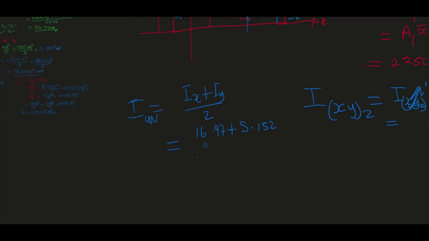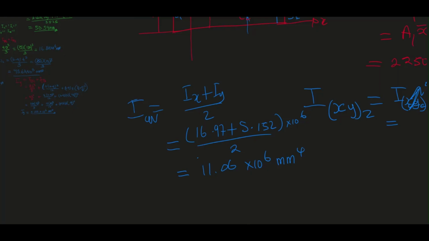I'll add it at the end just to simplify my calculations to make it faster. So this will be 16.97 plus 5.152 divided by 2, 11.06 times 10 to the power 6 millimeters to the 4th power.